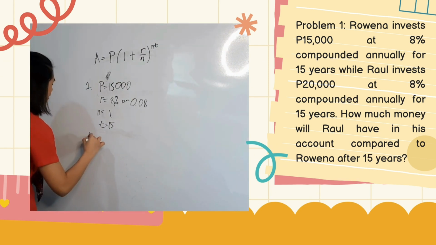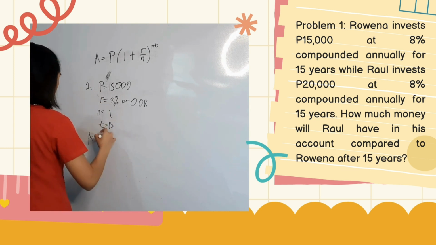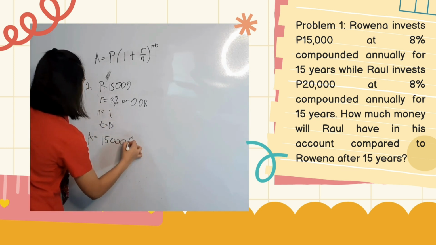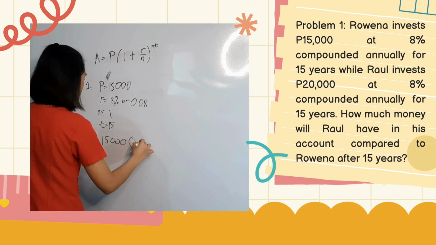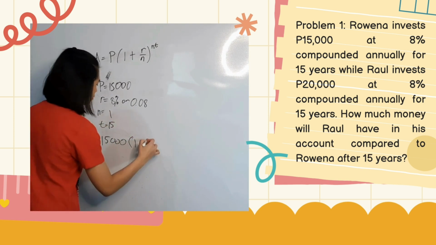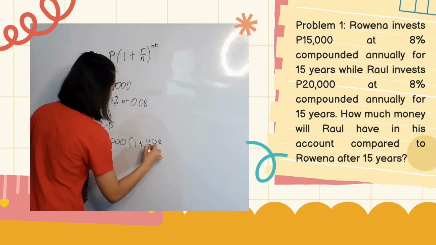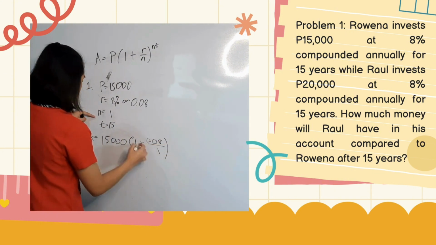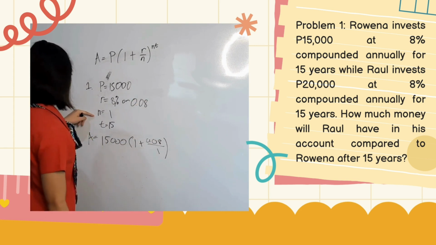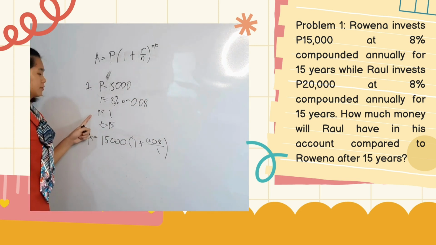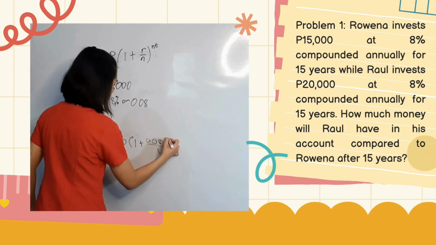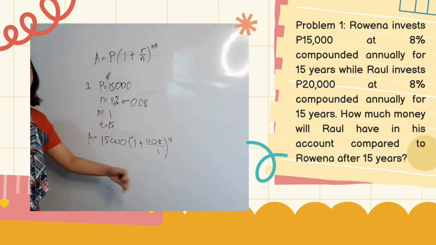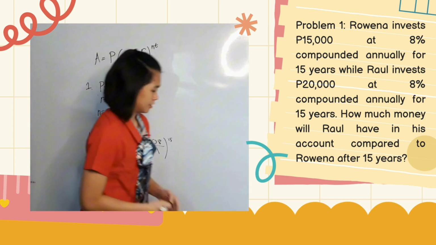A is equal to P, which is 15,000, times 1 plus R, which is 0.08, over N, which is 1, raised to NT, and 1 times 15 is 15. That's all you need to do when you get your scientific calculator.